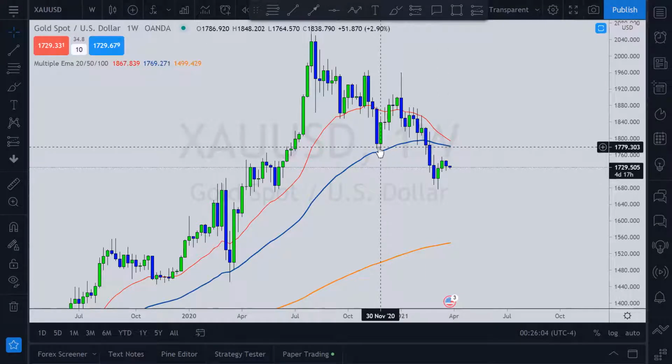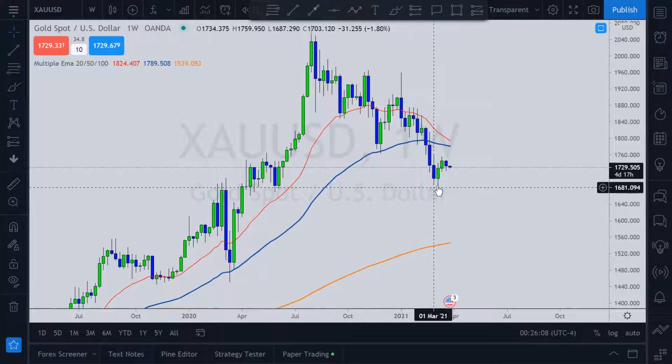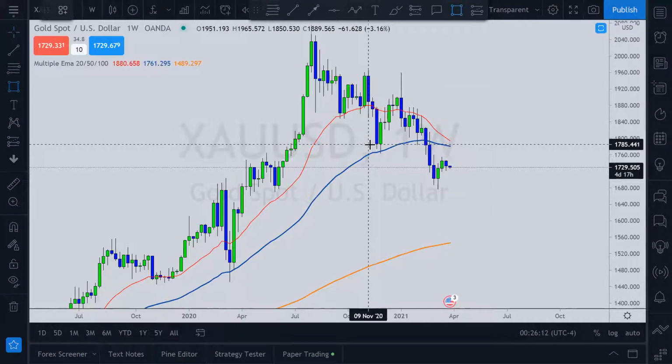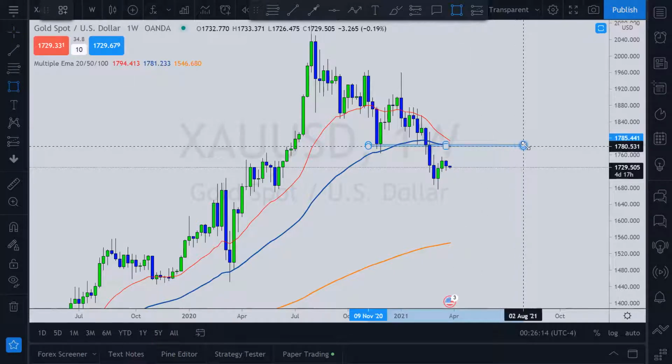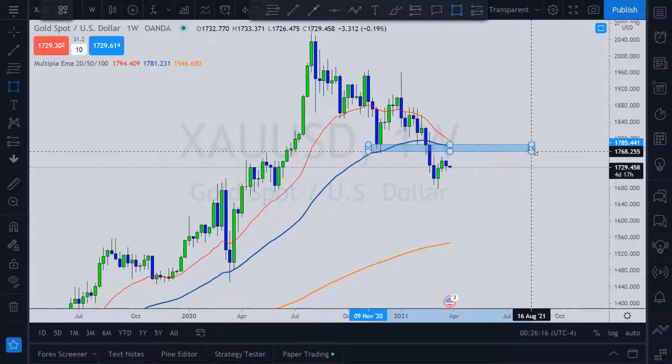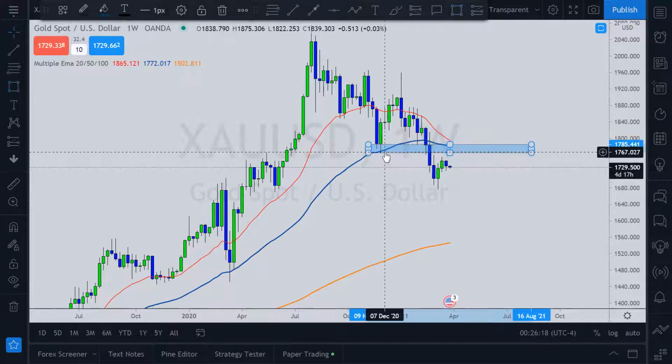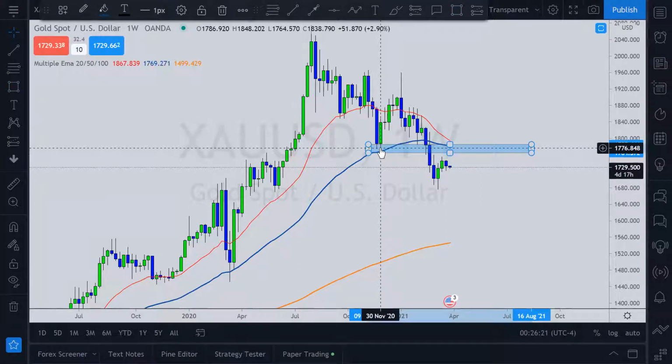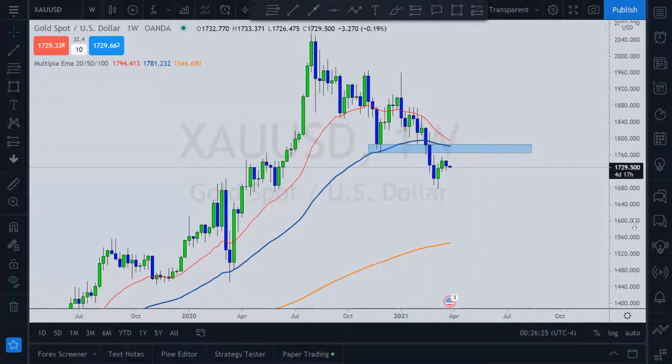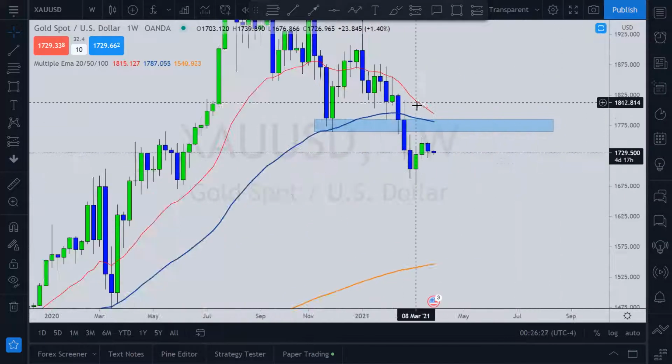I'm looking for a retest of this lower high. Once you break structure, price loves to retest that broken structure. So I'm looking for it to come back up into this zone, this area where it found support, and test it as resistance. And notice where those EMAs are.